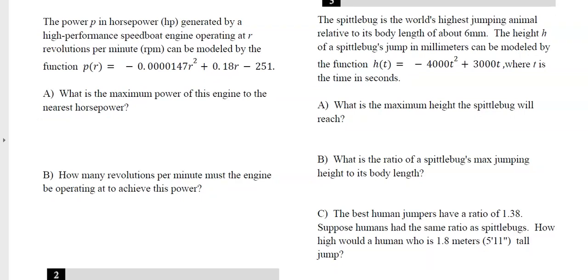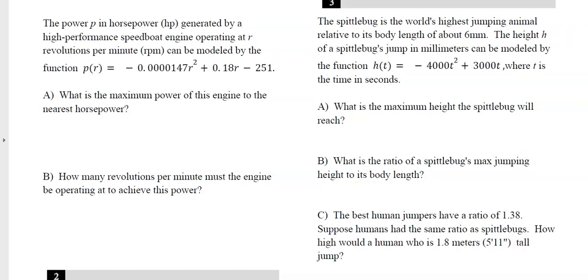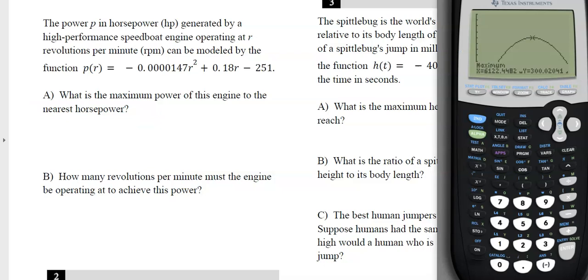Every time I go to click, it goes away, but it's going to be 6122, and I wish I could find a way to make that stay up there while I'm doing it. Maybe I'll have to move it to the side. But my revolutions per minute was 6122, and my Y value is 300. So 6122 and 300. Oh, there we go. So these were RPMs, and this was horsepower.